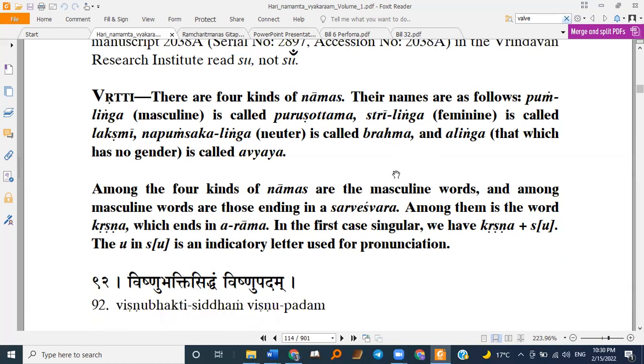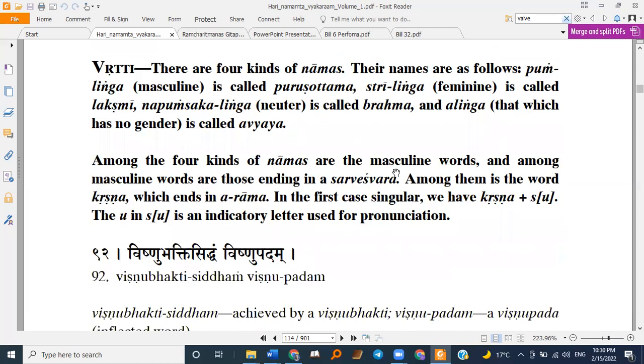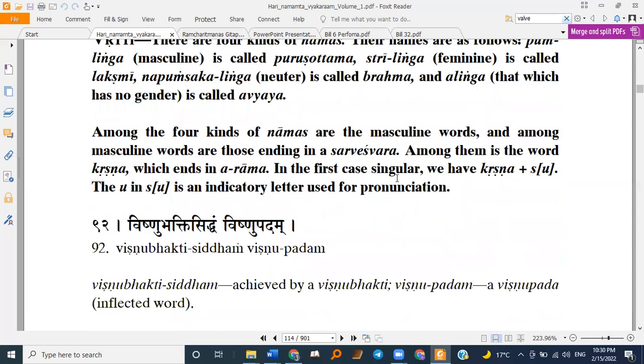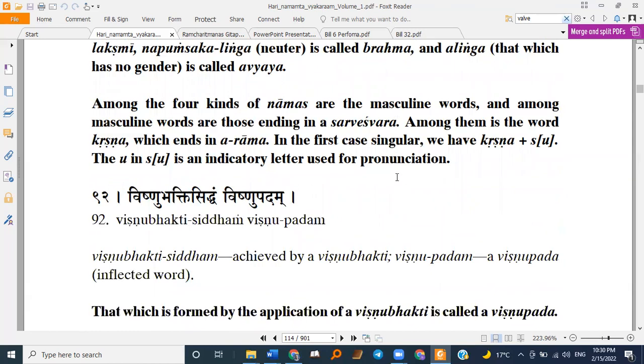So here we completed a brief intro to the declensions, which we'll start doing. I want to start with just one declension today, so that we do something practical as well. Among the 4 kinds of namas are the masculine words, which I described in detail last class. Among the masculine words are those ending in a Sarveshwara.